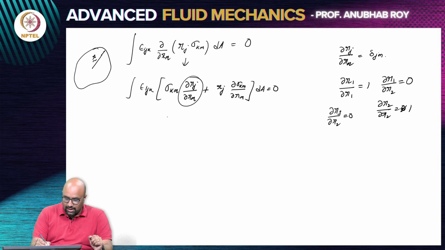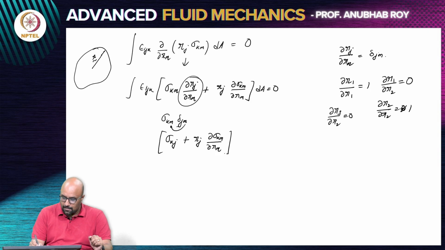So sigma km delta jm: m is the repeated index and is replaced by the free index j, so this becomes sigma kj, and the other term is dou sigma km dou rm dA epsilon ijk.